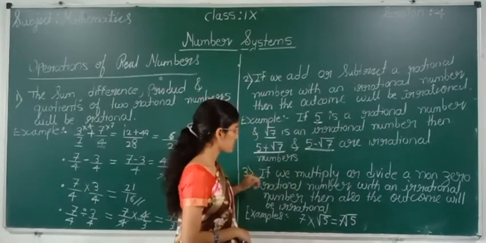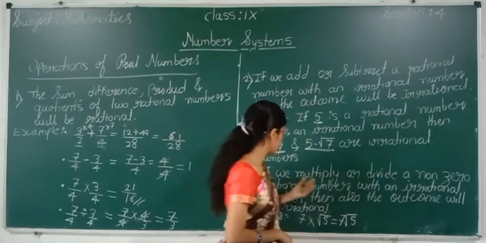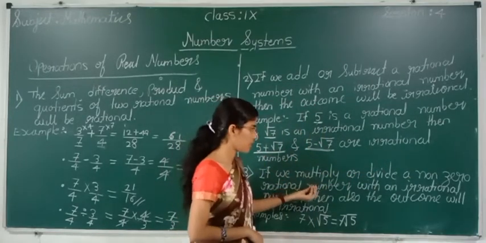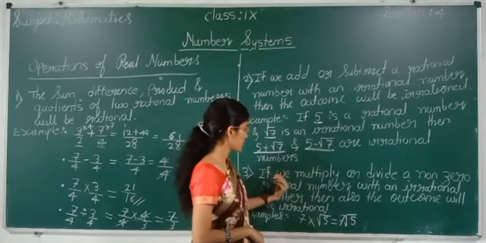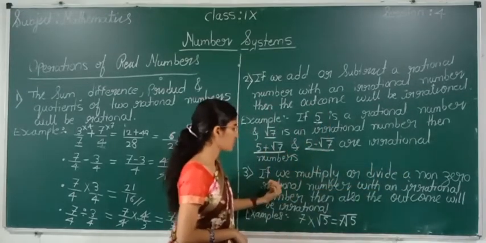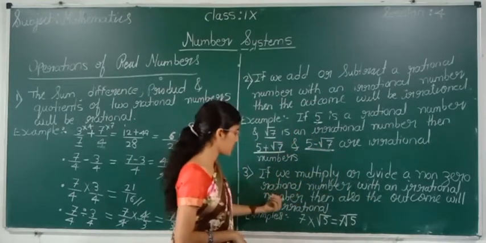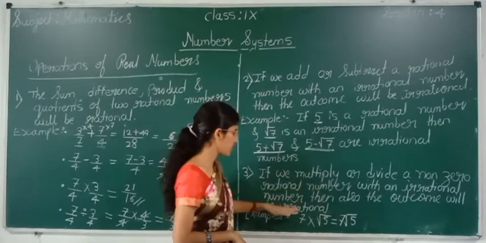Now the third point we will see. If we multiply or divide a non-zero rational number with an irrational number, then also the outcome will be irrational.